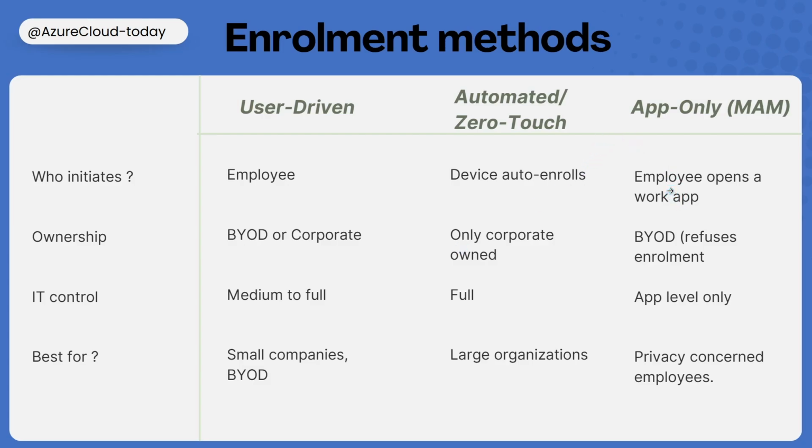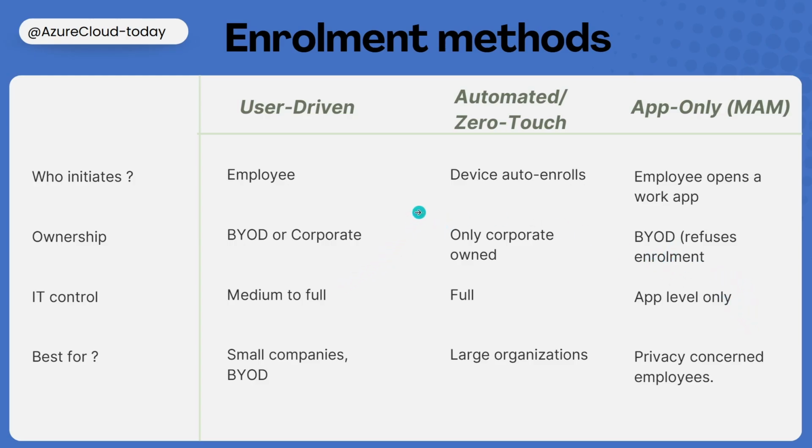App only is when an employee refuses device enrollment and downloads Outlook or Teams from the App Store or Play Store directly, then logs in with the company credentials and starts using it. This is where Intune protects only the work apps.